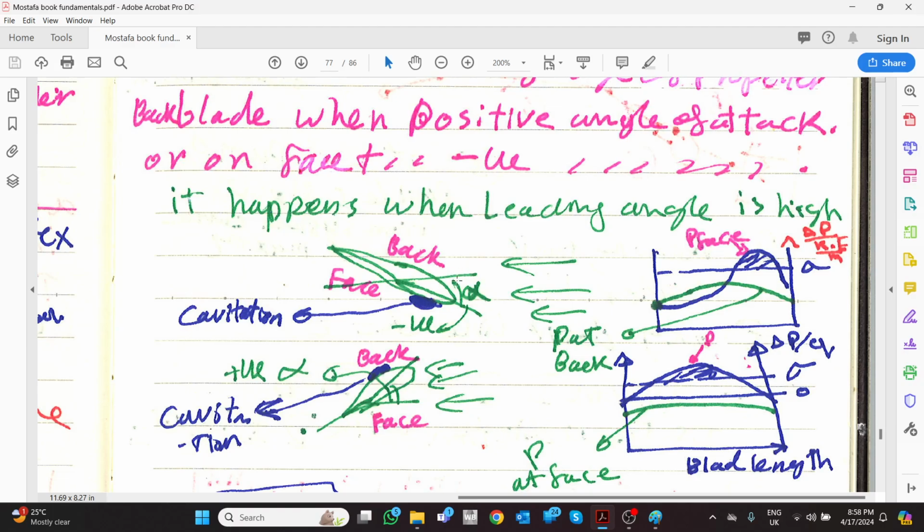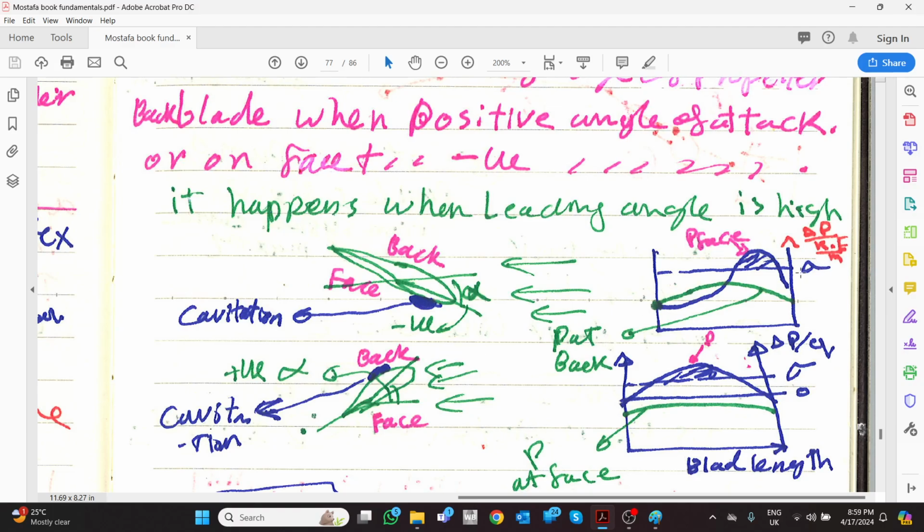When alpha is negative, the flow goes like this, and separation is going to happen. The flow will make separation because the diverging part is here and this is the converging part. Based on this, cavitation happens at the face of the plate; this is the face and this is the back, by the way.